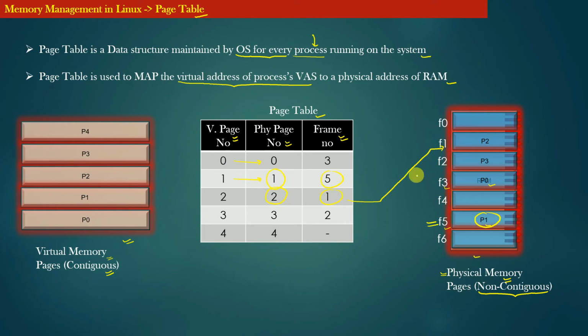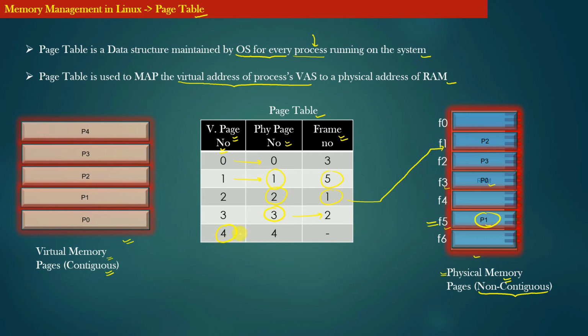So we use the page table to know, corresponding to a given virtual page number, a physical page number is loaded in which frame of physical memory. For example, in order to do a lookup into this page table, we supply the virtual page number as a key. Suppose the key supplied is 4.